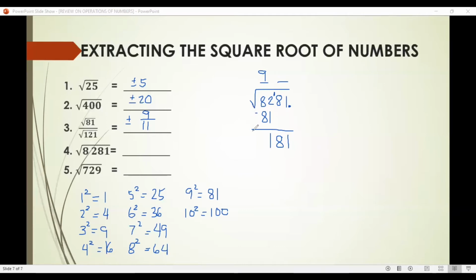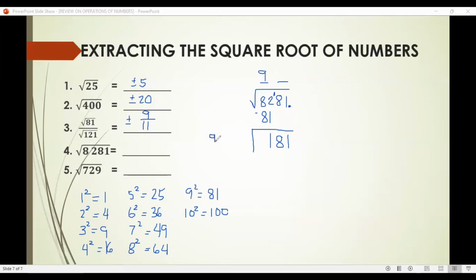Now the next step that we have to remember here is you have to look for a number that can divide 181. So there is a constant number that we are using once you are looking for the proper divisor. What is that constant number? It is 20. So next step is we get the answer that we have a while ago.